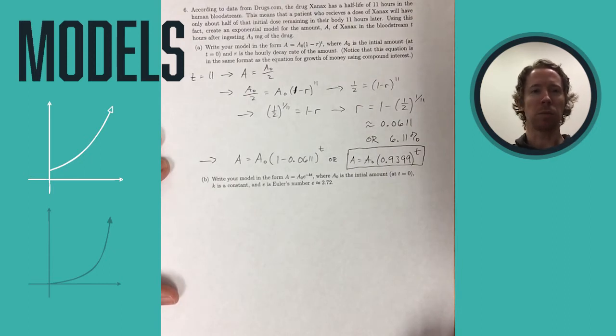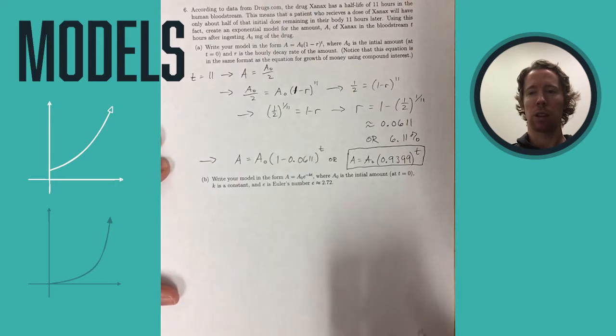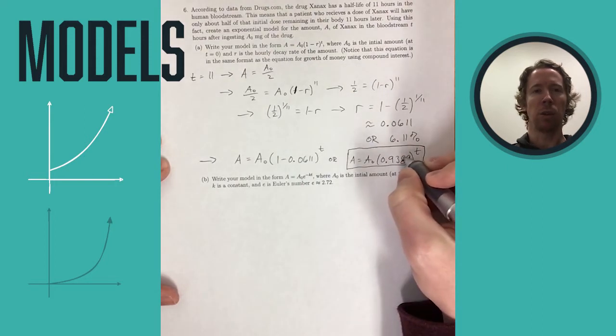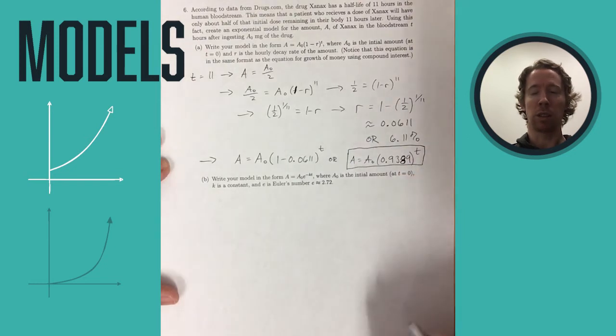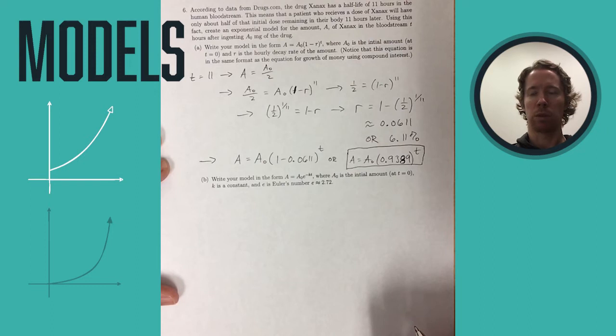You've got some amount of drug in the bloodstream, and as time goes by, that amount decreases exponentially. So again, what we know is that after 11 hours, the amount is half of the original amount. So A equals A0 over 2. We could set up the problem like that and work it all out.